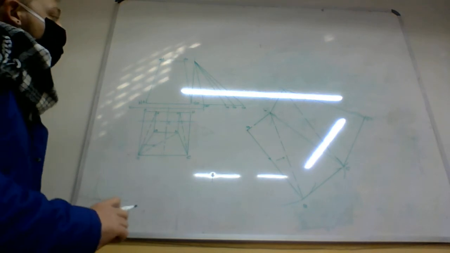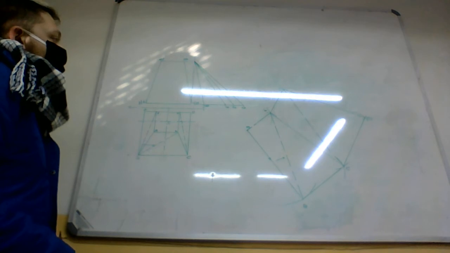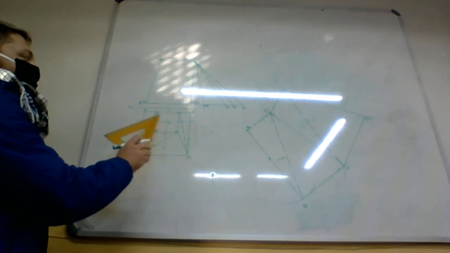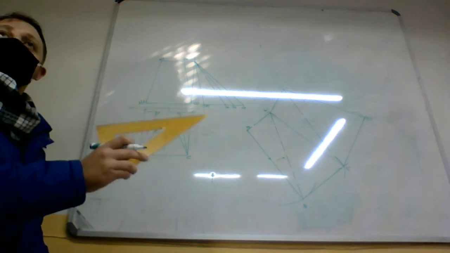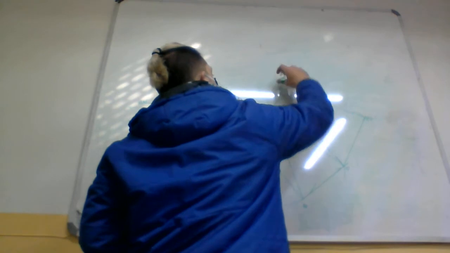Okay, so now you want to get C to D. That length of that is true length. So you just go measure it as is, go mark off.